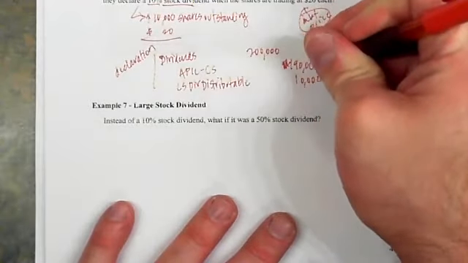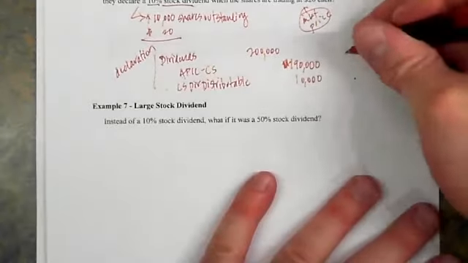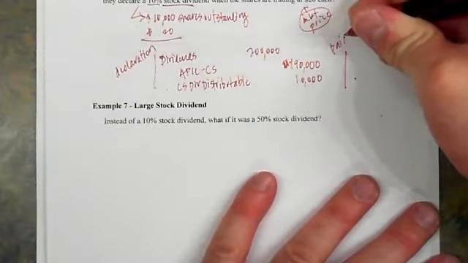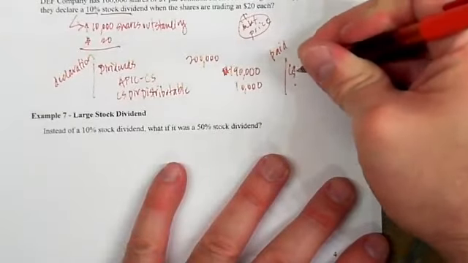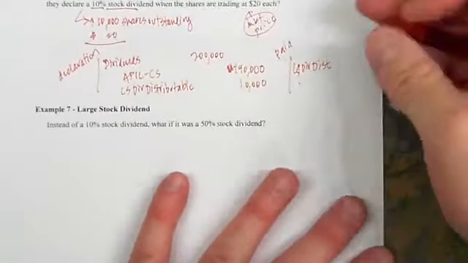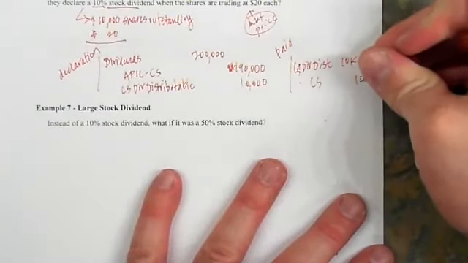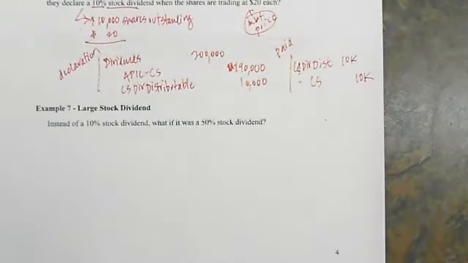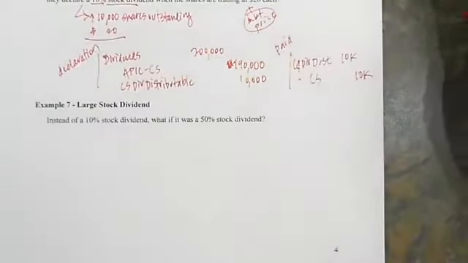We do increase our APIC common stock right away. And then when it's paid, all we have to do is debit the dividends distributable account and then credit common stock.